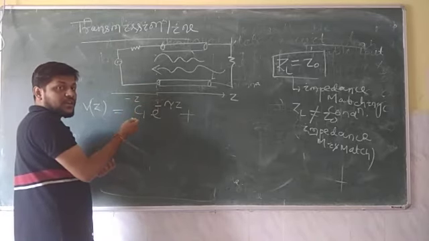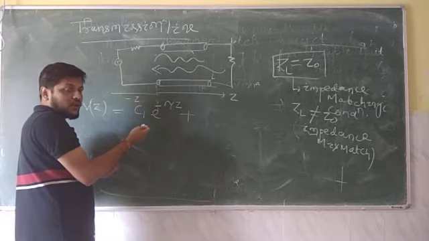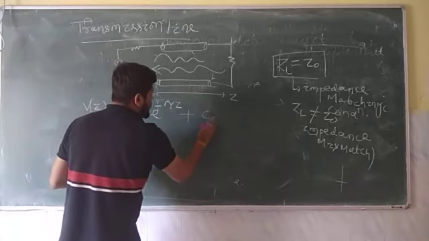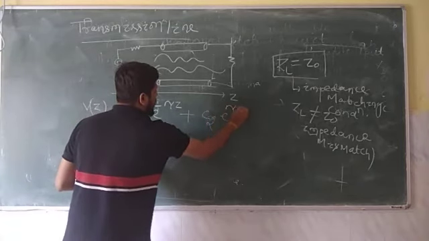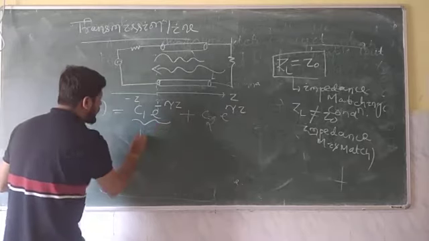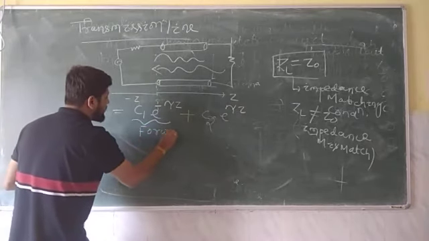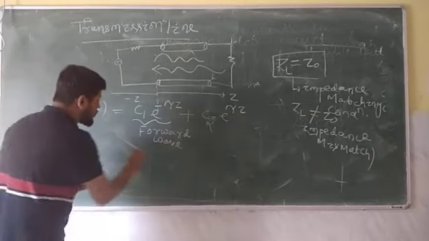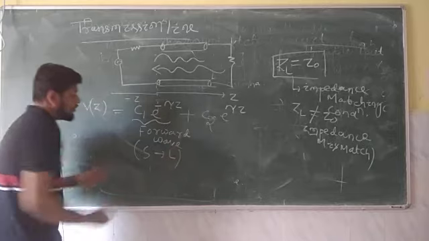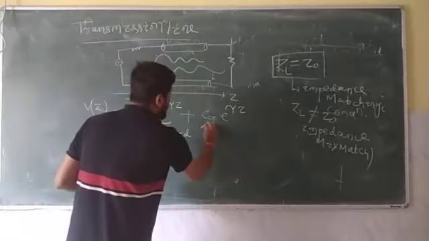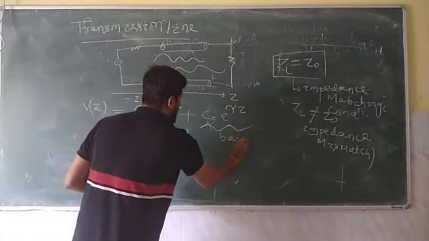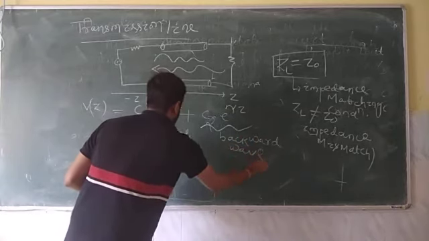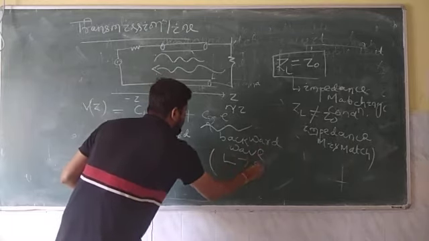Minus of minus Z means plus Z, so here C2 e to the power gamma Z. This part is your forward wave, meaning wave traveling from source to load, and this part is your backward wave, from load to source.